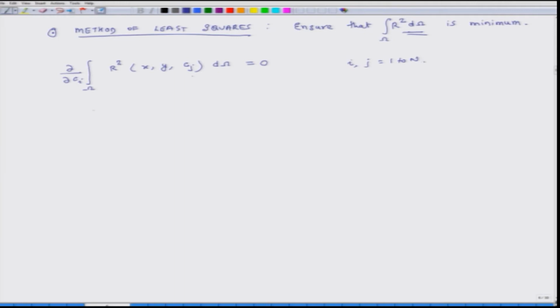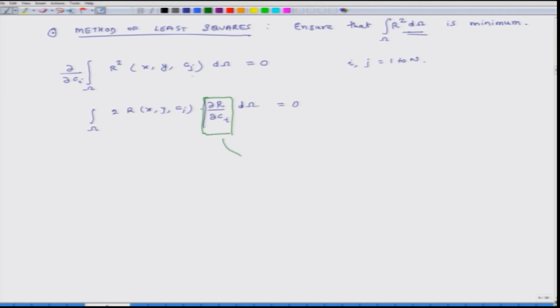So what that means is, look at this term in green.